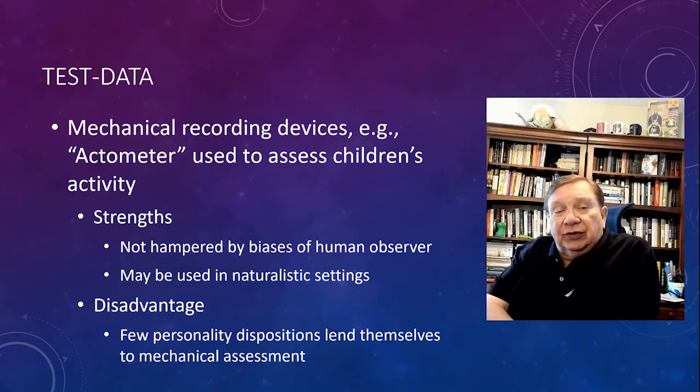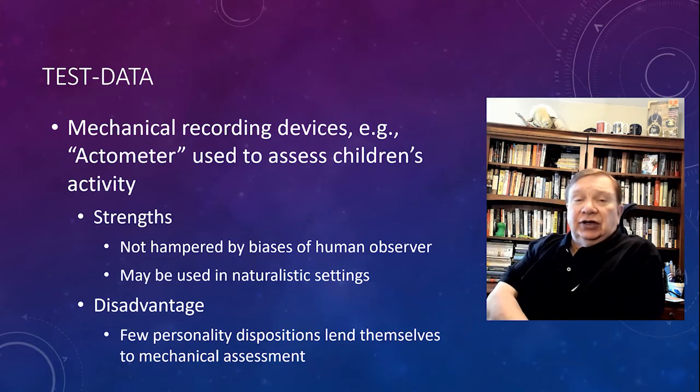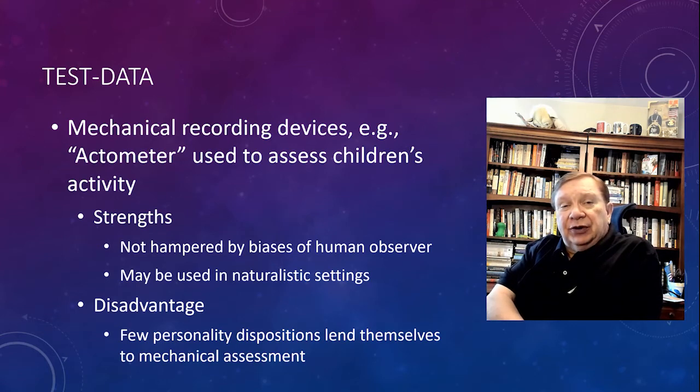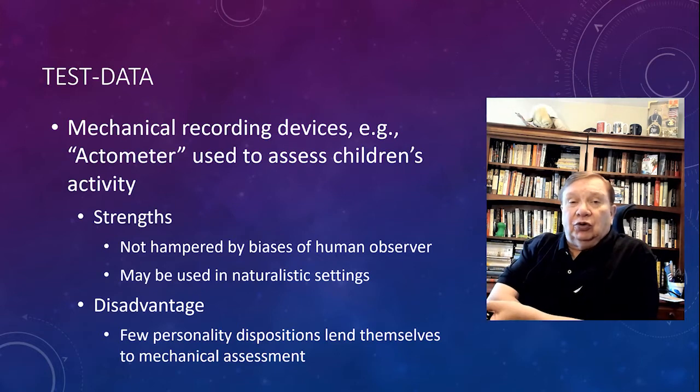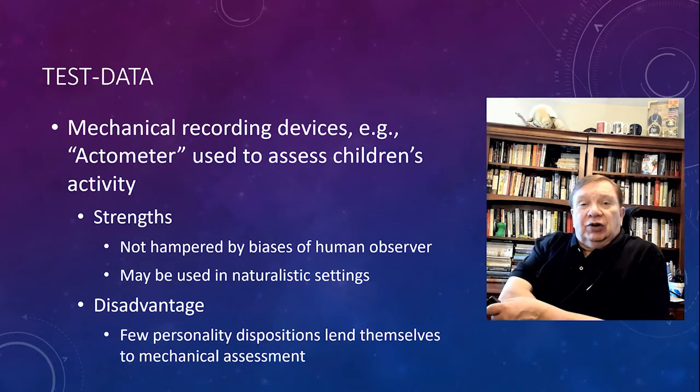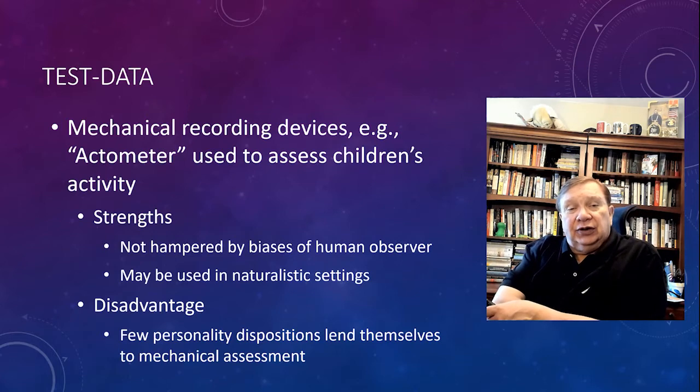The second author of your textbook, David Buss, when he was a young graduate student, did a study with something he called an actometer. Basically, it was a pedometer, and he was looking to see if children that behaved a lot would get more what he called upper limit control from teachers, parents, and caregivers than those kids that didn't.